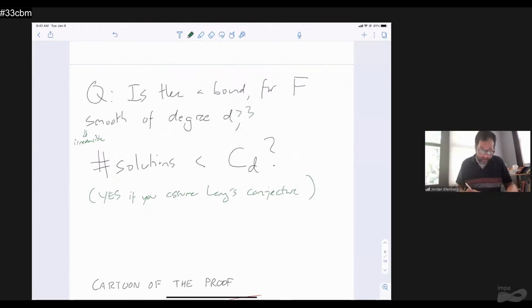So this implication was a result of Caporaso. I went out of alphabetical order to put my advisor first. That's not fair. Okay, let's put Caporaso and Mazur, which came out when I was in grad school, showing that if Lang's conjecture is true, then this bound on the number of solutions to an equation is true.